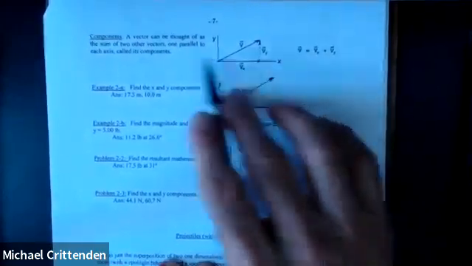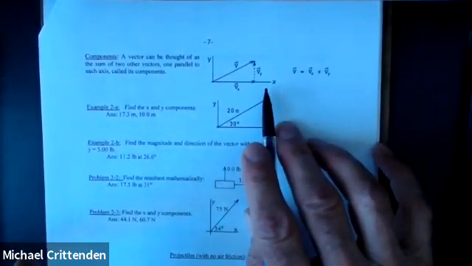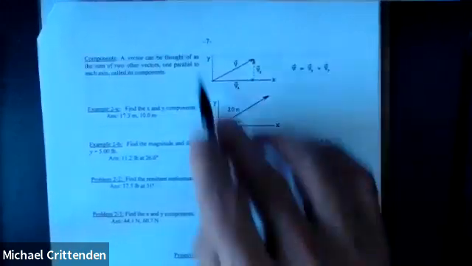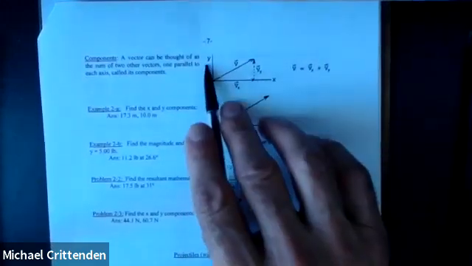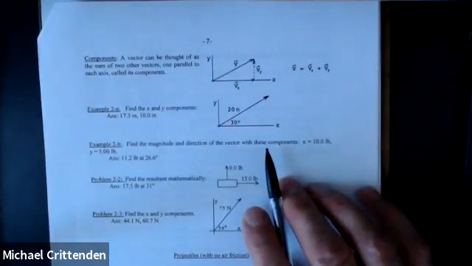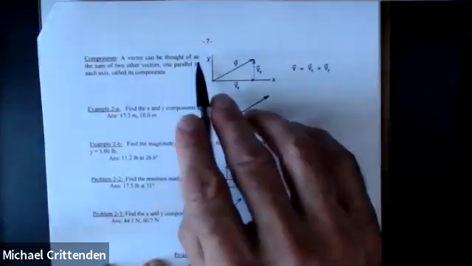So X and Y here just stand for two convenient directions that are perpendicular to each other. With the bird in that example I did a little while ago, X and Y might stand for horizontal and vertical, for example. Or if you're talking about navigating which direction your car is moving in, they might stand for east and north.